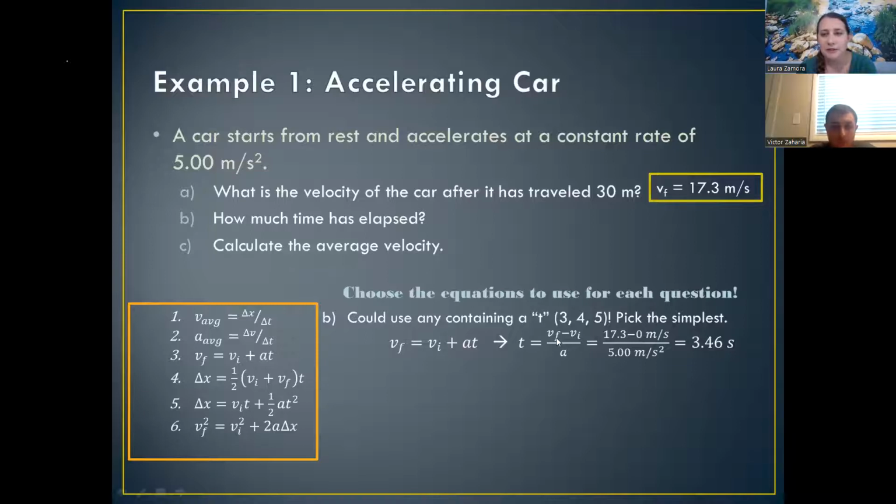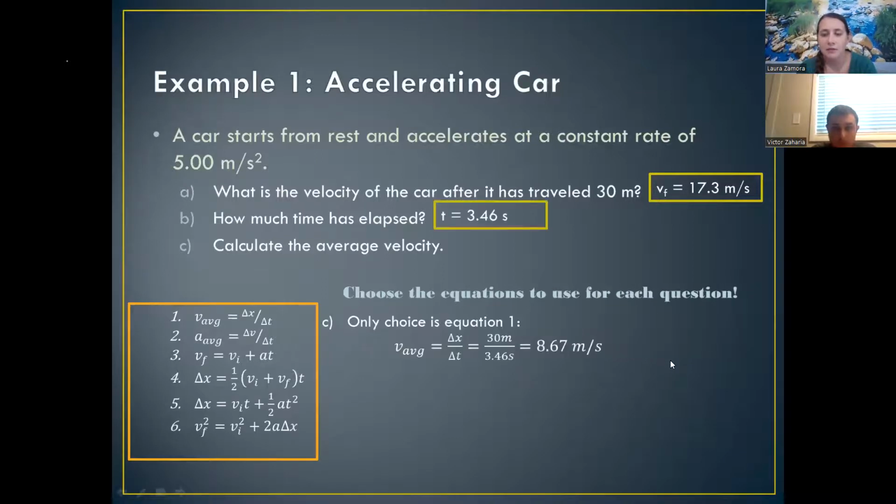Right, so we plug in our final velocity that we just found in part A, our initial velocity of 0, and our acceleration, and we get a time of 3.46 seconds. Now, part C, calculate the average velocity. Well, there's one equation that explicitly states average velocity, so let's use that one. That's the change in position over the change in time.